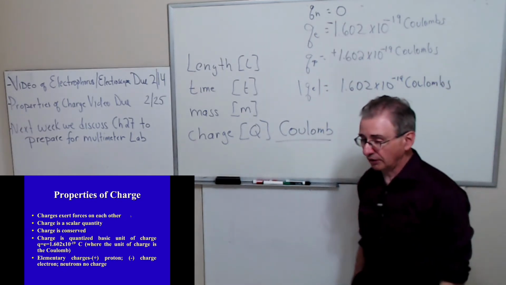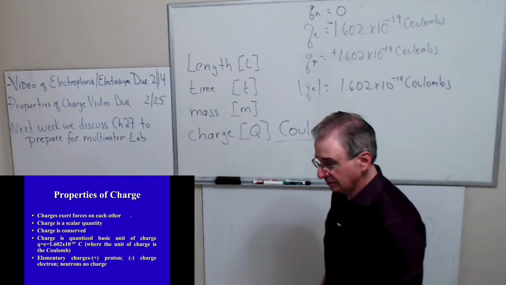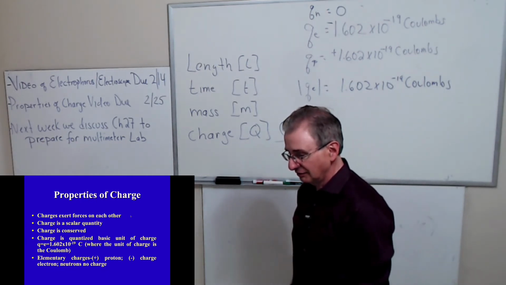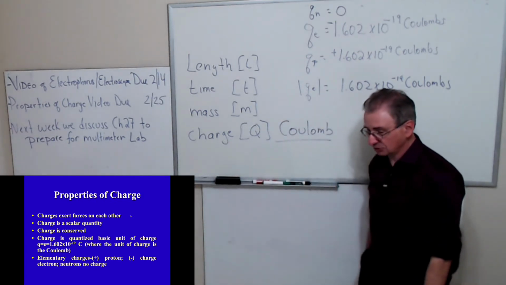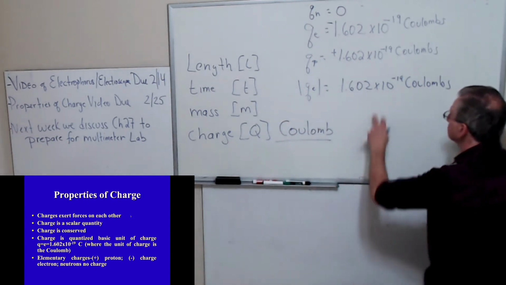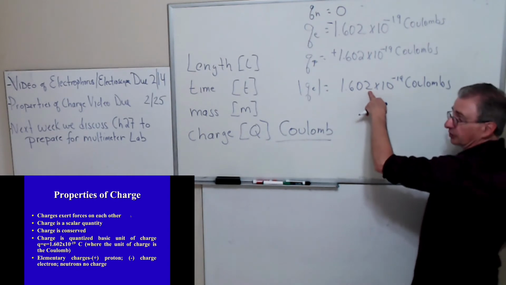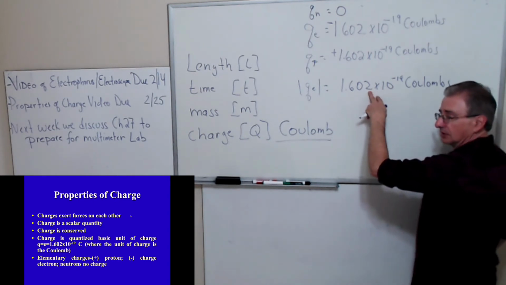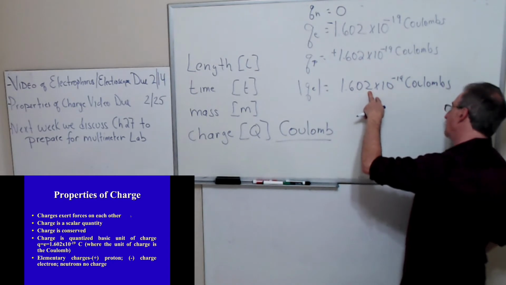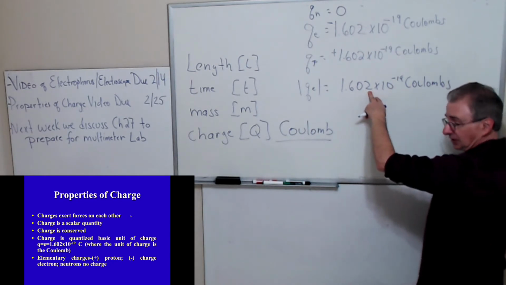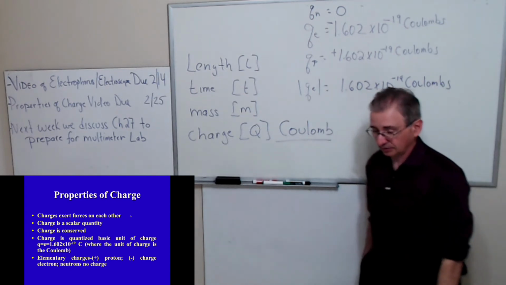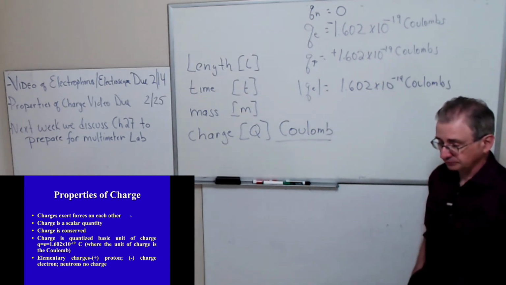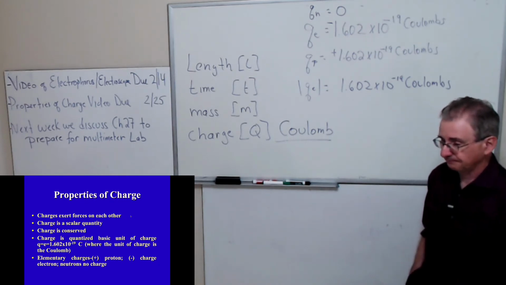It's true there are particles called quarks, which we learned about in the 20th century, that come in multiples of 1/3 or 2/3 of this value, but because we're not going to go inside the proton, the electron and the neutron, we're not going to deal with that. Let's ignore that for now. Quarks have never been isolated anyway.